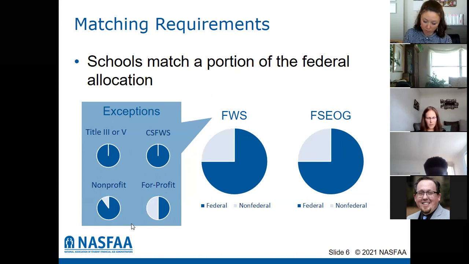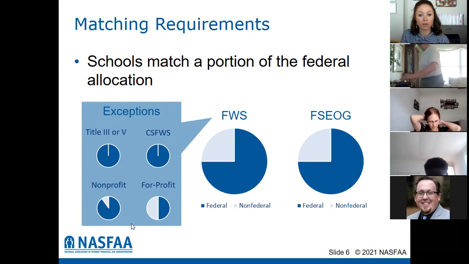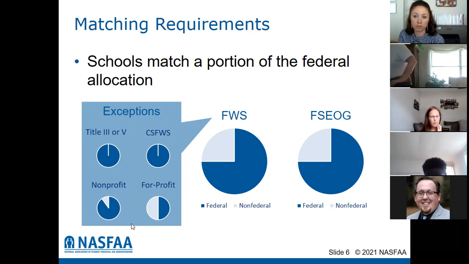Just to give you a few examples, the types of programs are Developing Hispanic-Serving Institutions program, American Indian Tribally Controlled Colleges and Universities program, and Strengthening Historically Black Colleges and Universities program. So this just gives you an idea of the types of Title III and Title V programs. So that's in this first one right here.